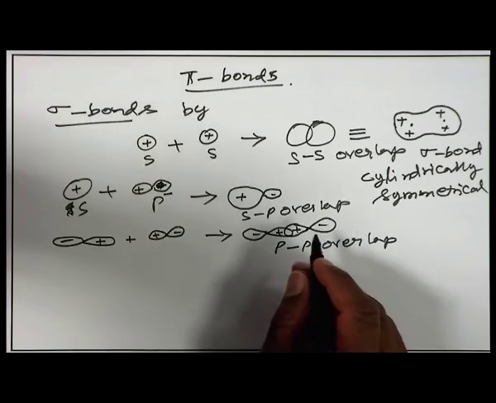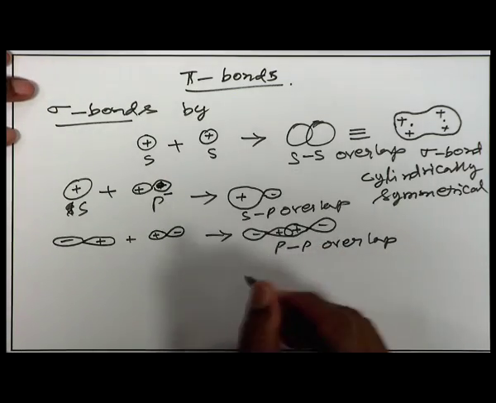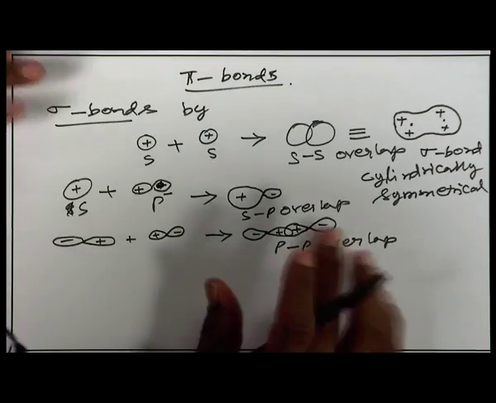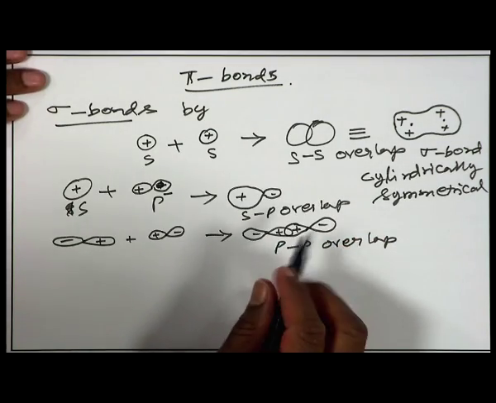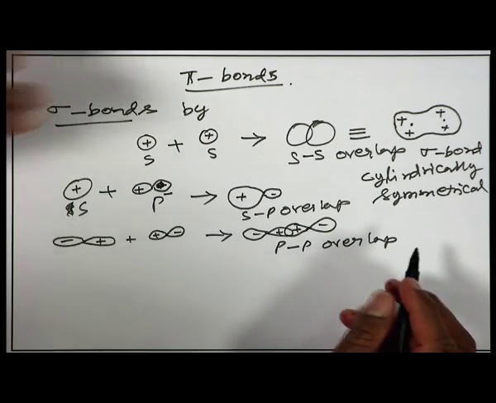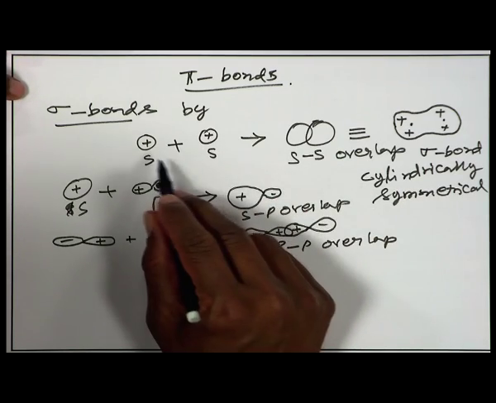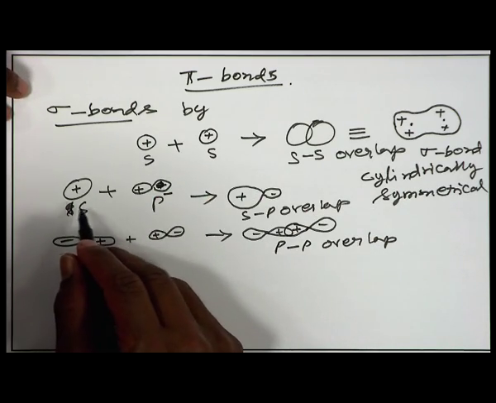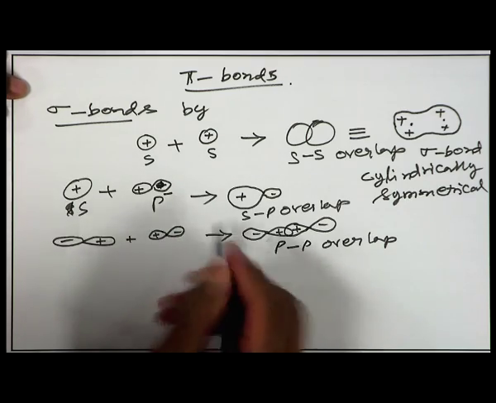So, a sigma bond is formed by overlap of p orbitals. We have seen how sigma bonds could form: by the overlap of 2 s orbitals, by the overlap of an s orbital with a p orbital, or of 2 p orbitals.